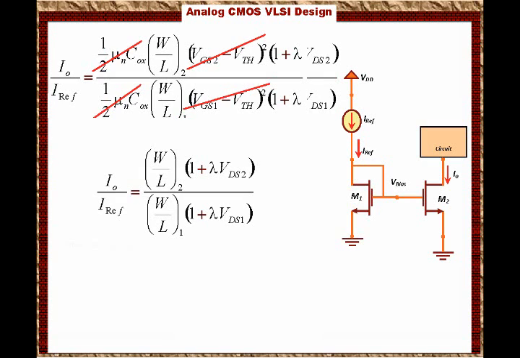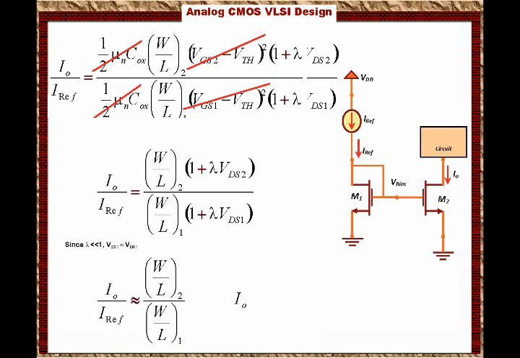By any means, if we assume that lambda is much less than 1 and VDS1 is approximately equal to VDS2, then we can say that IO over IREF will equal W over L2 over W over L1, or we can say that I out will equal W over L2 over W over L1 times I reference.